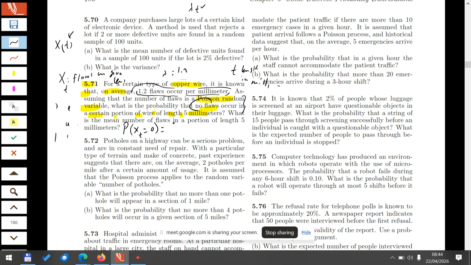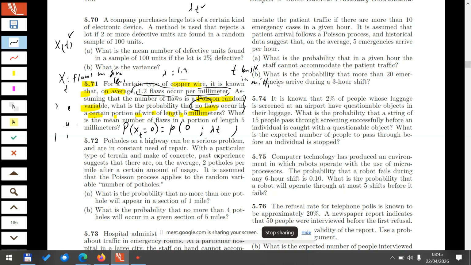So that means I can simply use the PMF, semicolon. What should go here? Here it is 0, obviously, because here is the value of x. So what should I write here now? 1.2 times 5, because here my mind should recall lambda times t.